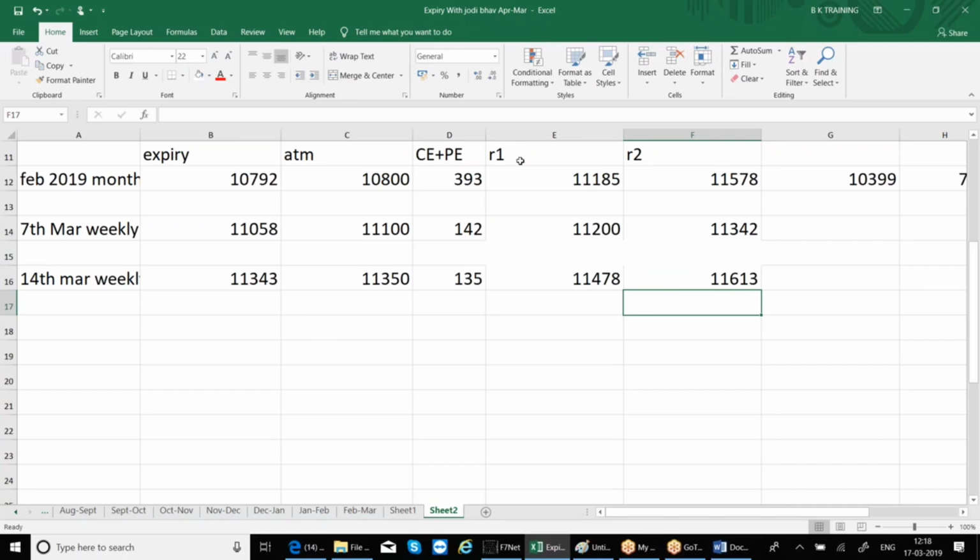Clear everyone now? So you take position only on Friday after expiry, right?